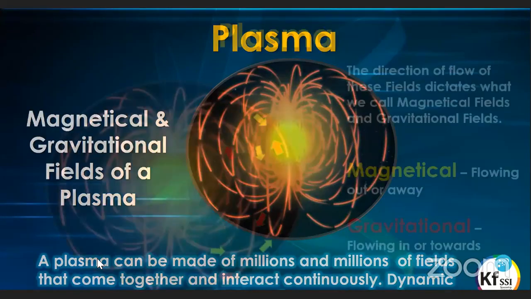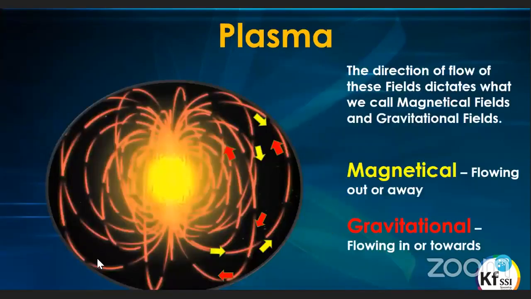Now, when we look at the direction of flow of these fields, this flow dictates what we call magnetical and gravitational fields, because the magnetical is flowing out or away, and gravitational are the ones flowing in or towards, because they've been attracted inwards.